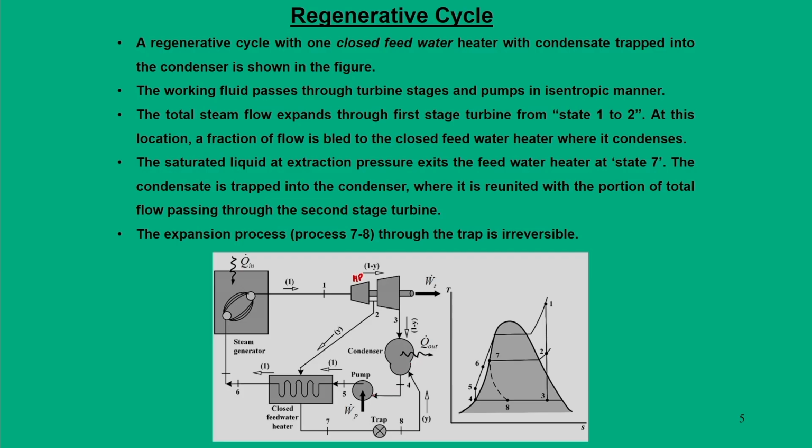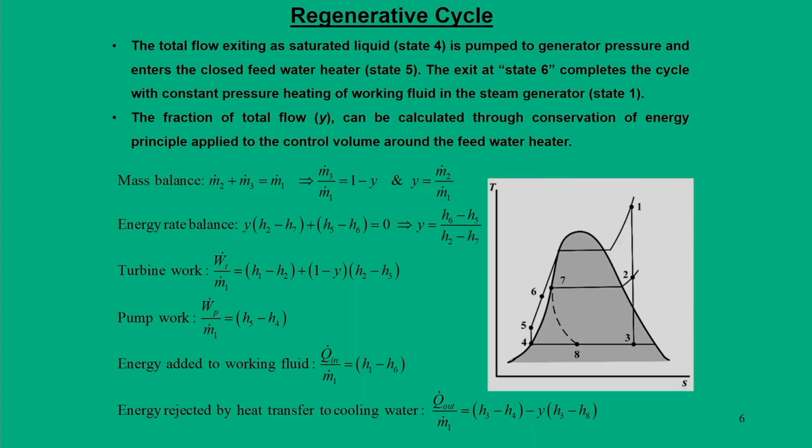So, liquid water enters the pump, then this y unit of steam heats the 1 minus y unit of water, so that we get back 1 unit of steam at state 6. So, through this process we can do the mass balance and energy balance for the closed feed water system.